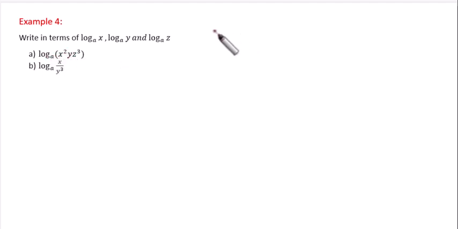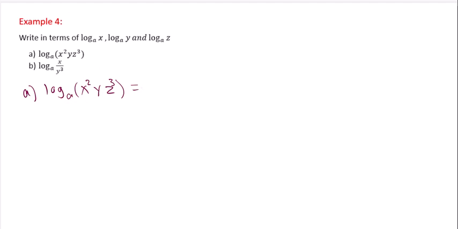So the first thing, let's split the argument. Let me write it one more time. Log to base a of x squared times y times z to the power 3 equals. And now let's expand this log. I have a single log, so right here I have 3 factors inside, so I can expand it to be the sum of 3 logs.